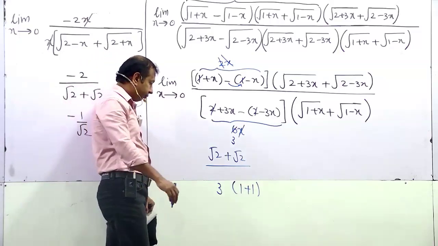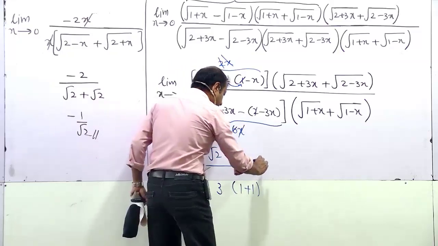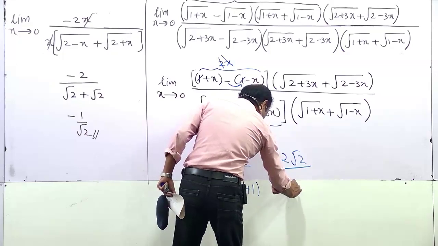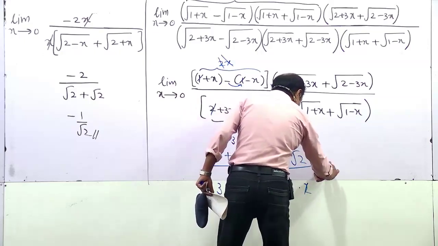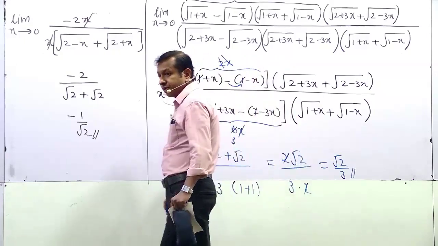What do you get there? Here root 2 plus root 2, 2 root 2, right? 2 root 2 divided by 3 into 2. This and this you can cancel. We get what? Root 2 over 3. That's the answer.